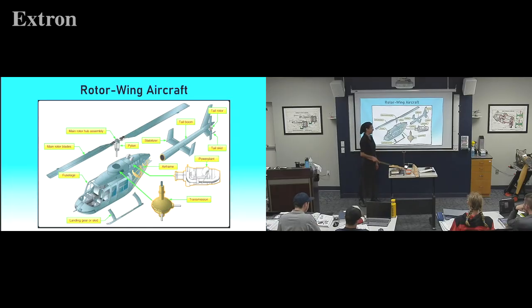And connected to the power plant, you need a transmission to go up to your rotor hub, make that spin. And we do have stabilizers back here on the tail boom. And then there'll be a tail skid and tail rotor. There are other designs. Some don't actually have a rotor, or it may be enclosed. Ryan will talk all about those in rotor wing aircraft class.